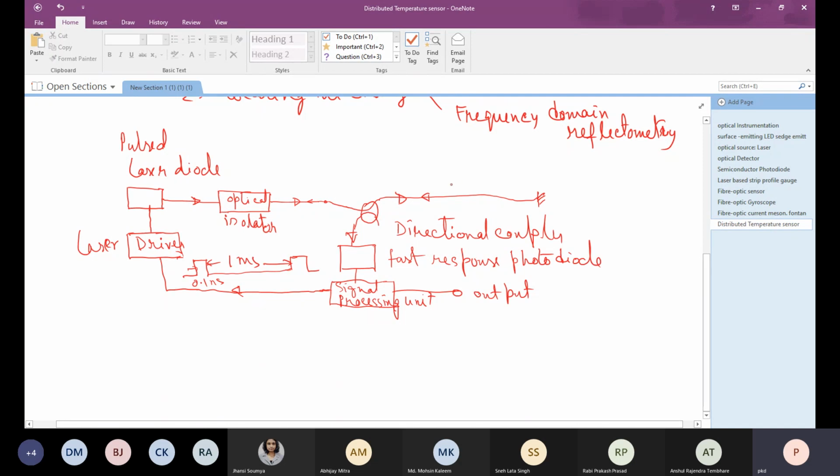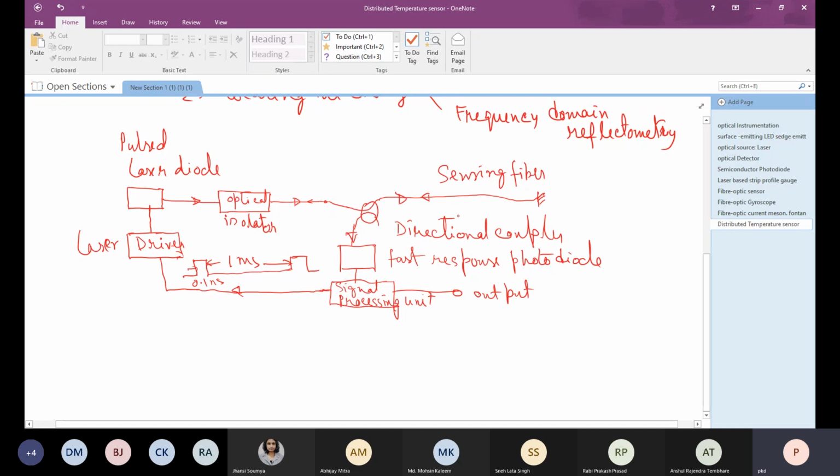So this is the sensing fiber. Sensing fiber is usually armored in a cable, with thermally conductive cable, such that the outside temperature is transported to the fiber. However, the temperature induced deformation should not make it brittle.